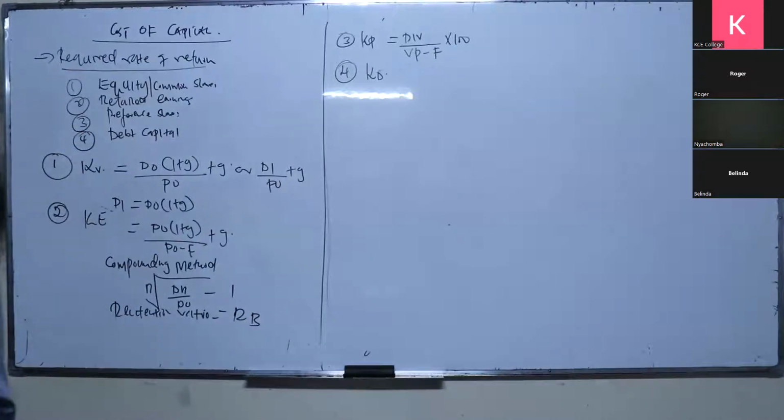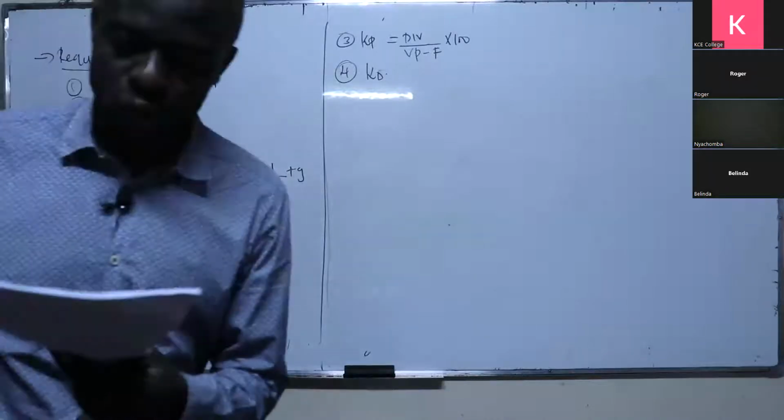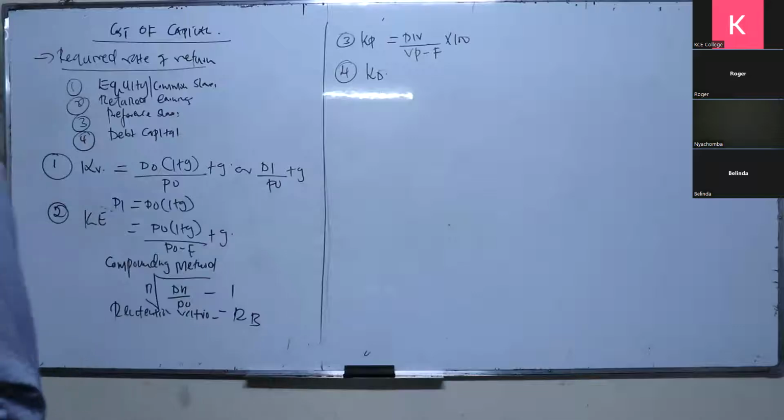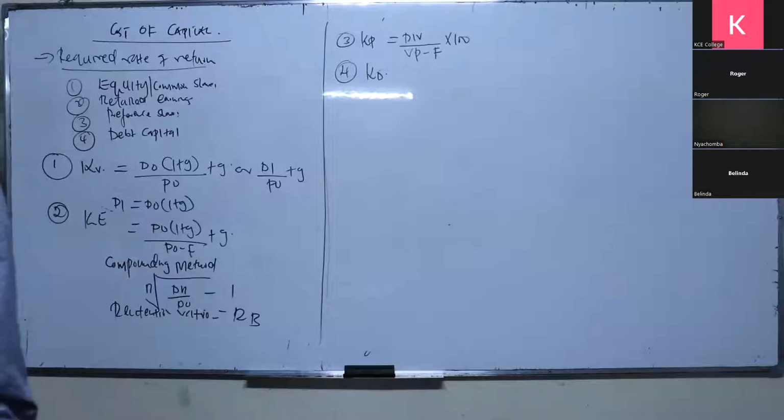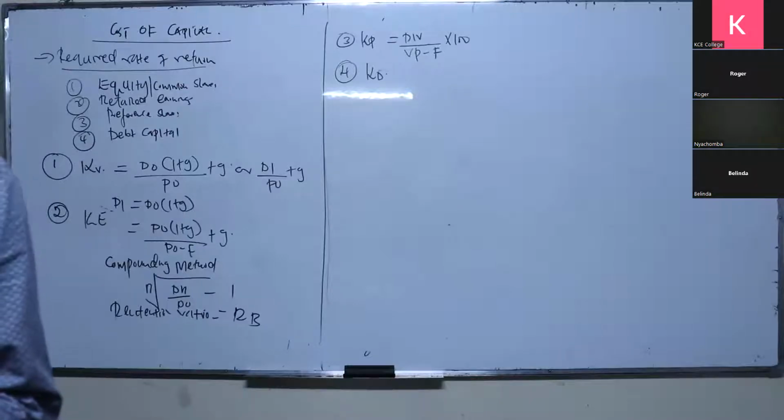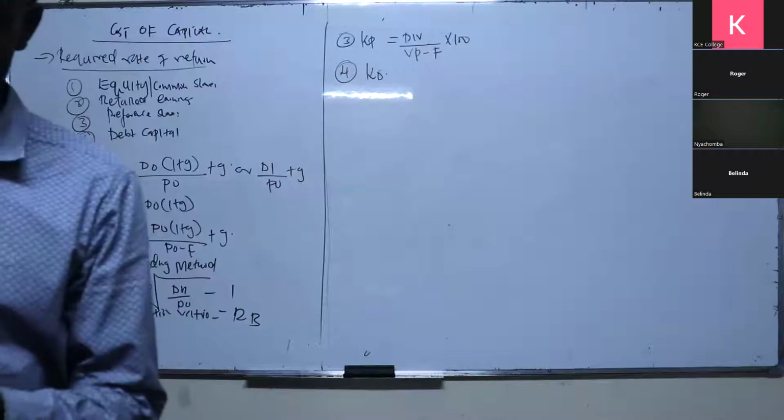We have irredeemable debentures, which are debentures with no maturity period. So you've been given a loan and you've not been given a definite period in which the loan is supposed to be redeemed. So you have the money perpetually.